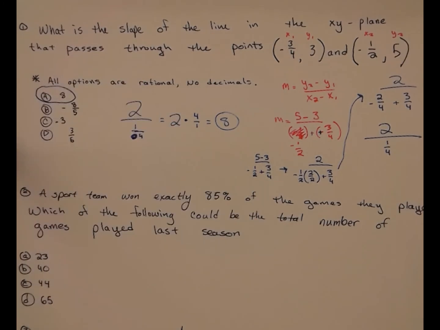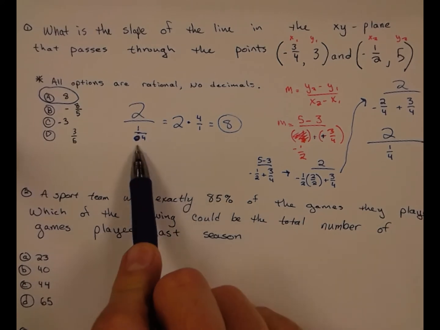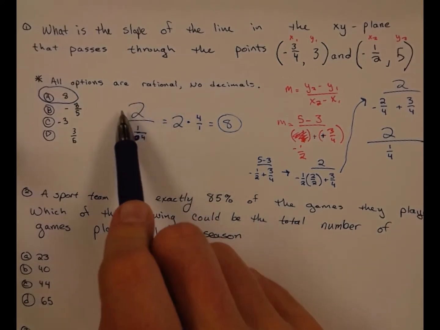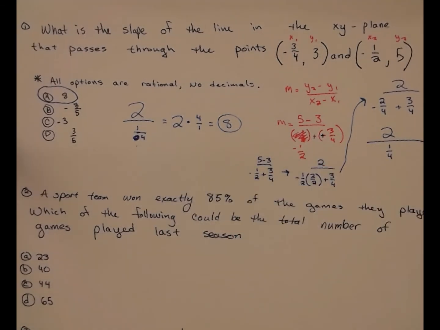And that turns out to just be the whole number 8. So remember to put negatives in parentheses, and remember, if you get a fraction in a fraction, you can simplify it by multiplying the numerator by the reciprocal of the denominator.